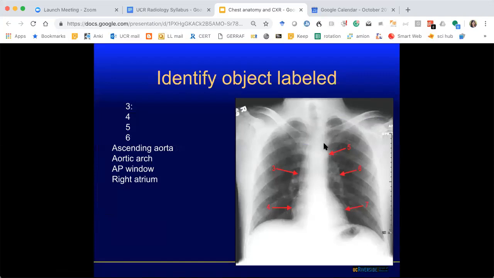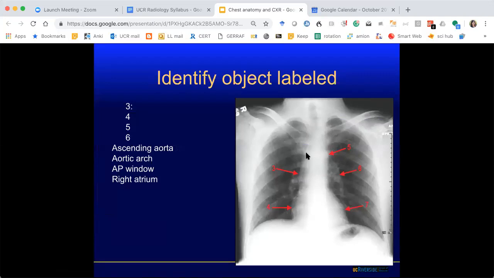Sometimes the absence of a normal structure can clue you into the underlying abnormality. And sometimes that's harder to pick up, like absence of a normal finding rather than presence of an abnormal finding. So if this is absent, then the diagnosis that has to be in your top differential is dextrocardia, or you have a right arch.